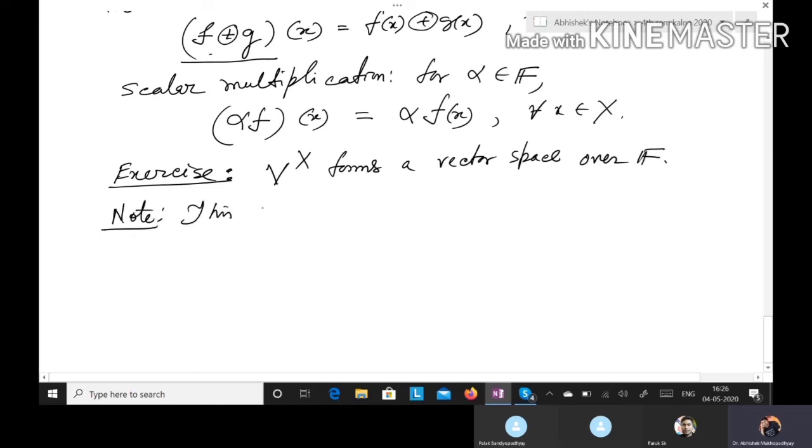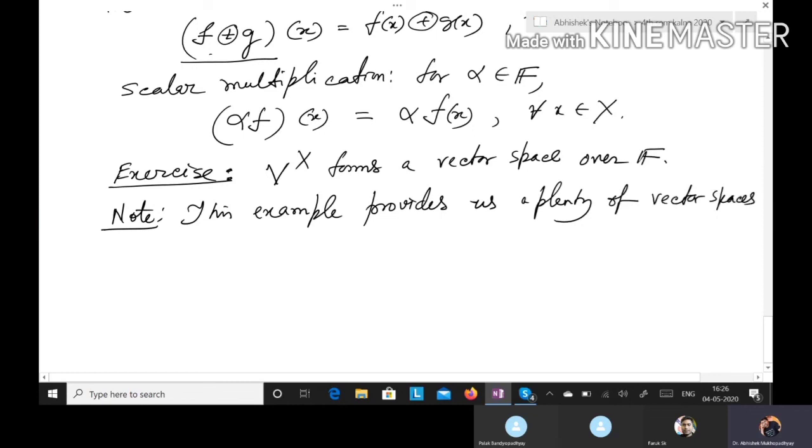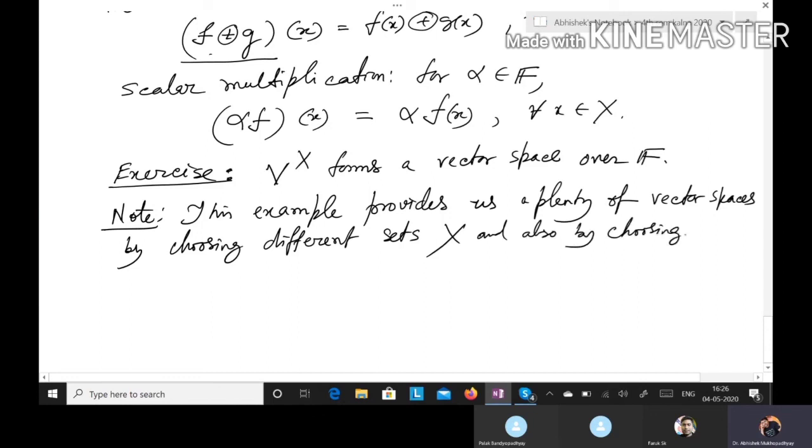This example provides you a plenty of vector spaces by choosing different sets X and also by choosing different known vector spaces.